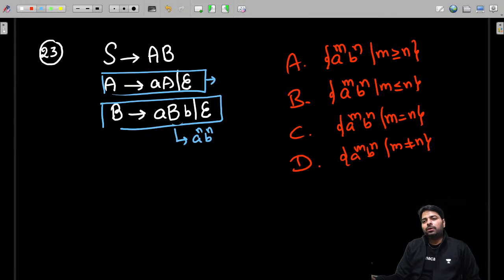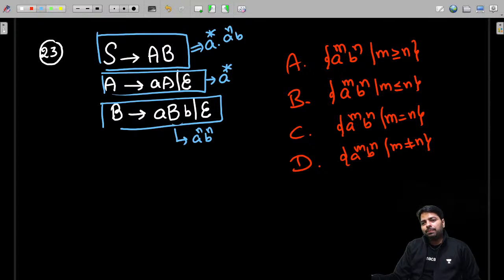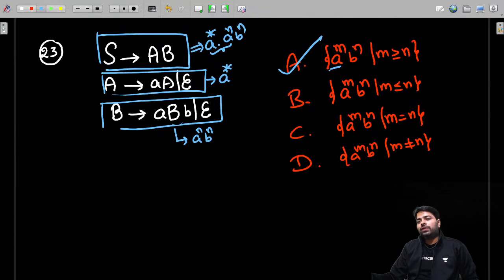Okay, I've seen many people, they just blindly do something. Okay, A star. And this S is finally your answer. Capital A is A star, capital B is A power N, B power N. And A star creates more A's or equal. That B star decides. So in capital A, the number of A's is more than or equal to B's. Everybody? Yes.